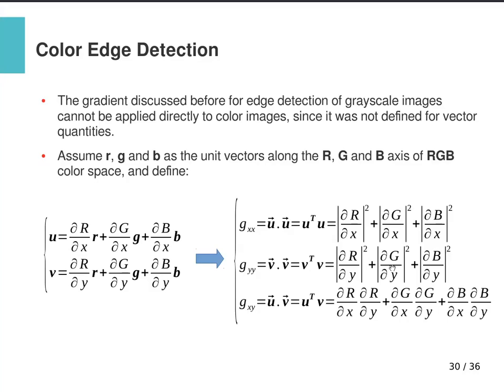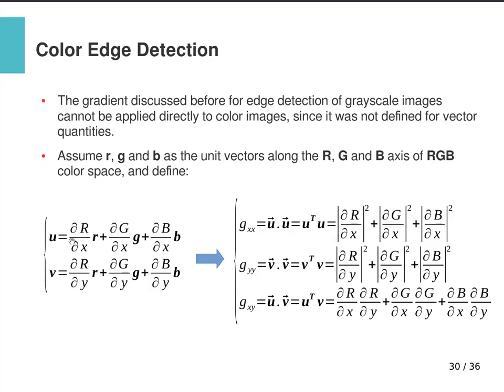Now to calculate the gradient on color images, we assume lowercase r, lowercase g, and lowercase b as the three unit vectors along the red, green, and blue axis of the RGB color space, and then we define two parameters. We define u, which is the vector showing the derivative of each one of the color components with respect to x.